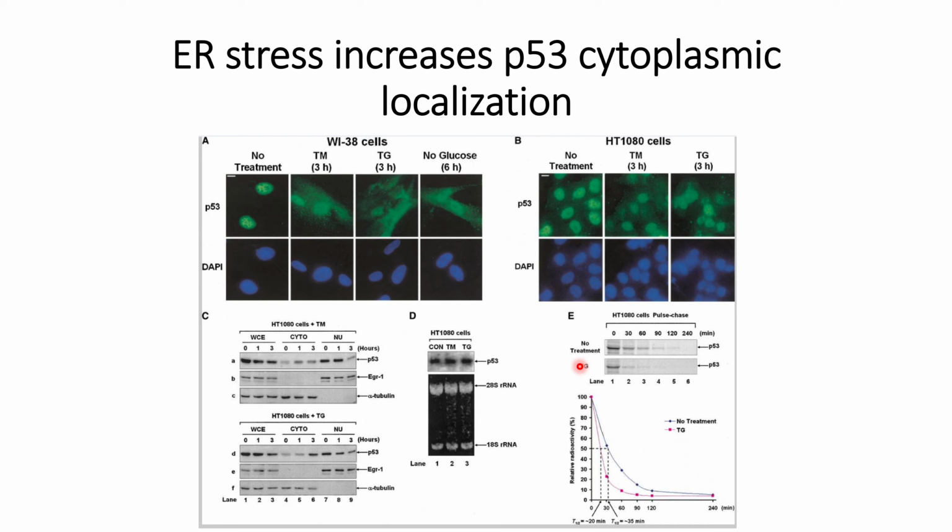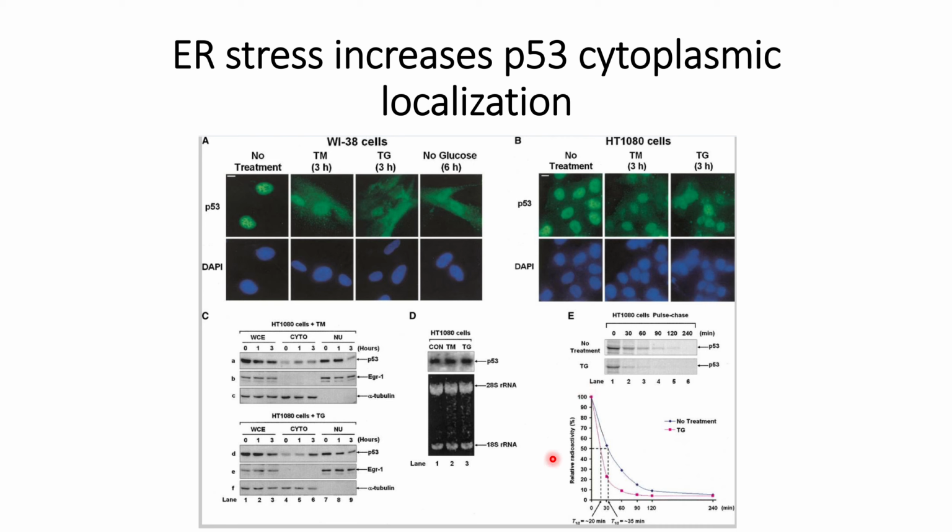What they did is treat the p53 cells with radioactive cysteine or methionine, and then transfer them into normal medium. At different intervals of time they collected the samples and measured the radioactivity through a phosphorimager.